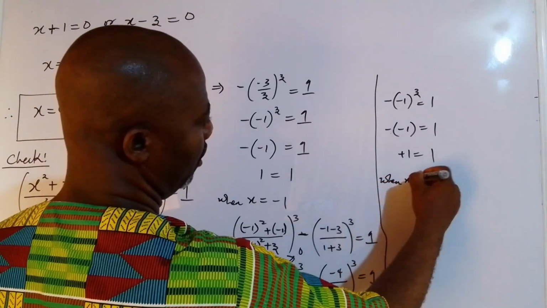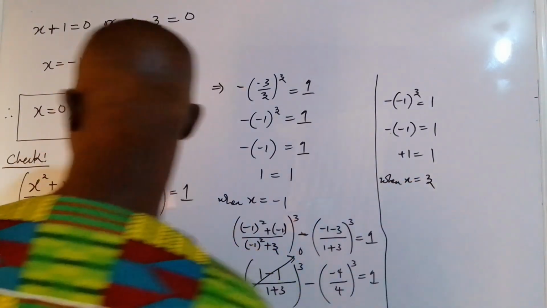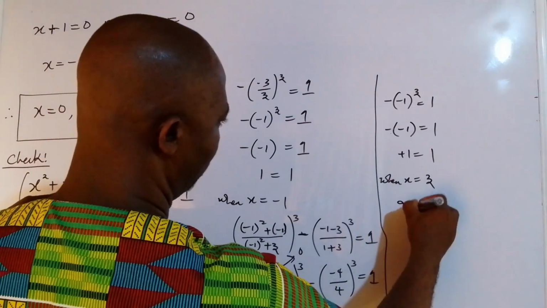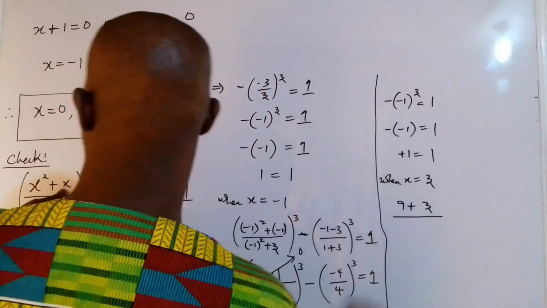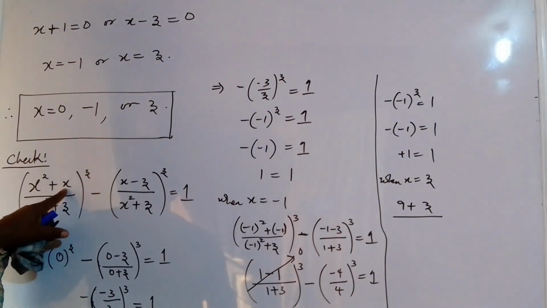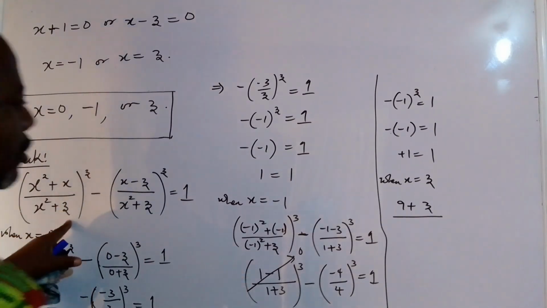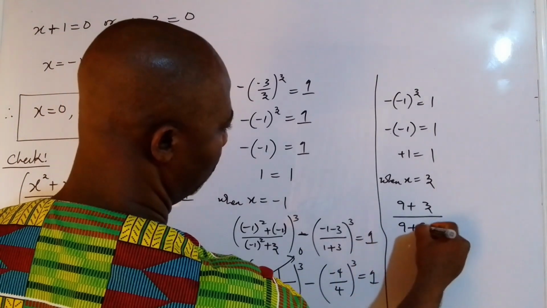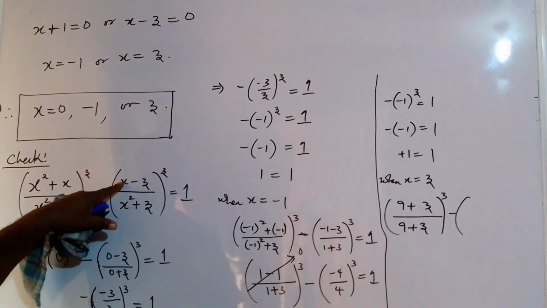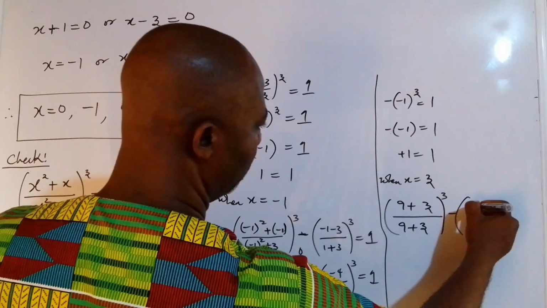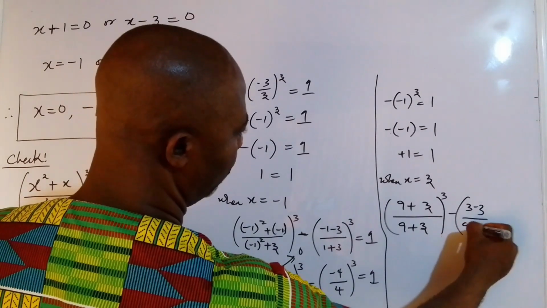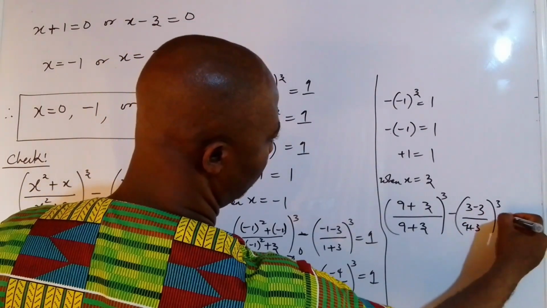When x equal to 3, the whole of the equation becomes 9 plus 3 all over 9 plus 3 cubed minus 3 minus 3 all over 9 plus 3 cubed equal to 1.